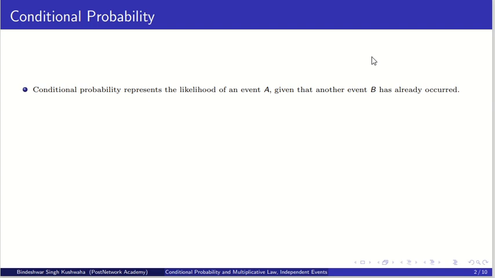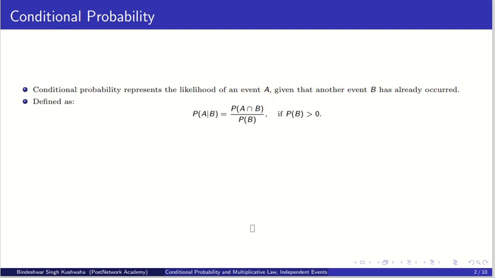So let us understand conditional probability. Conditional probability represents the likelihood of an event A given that, and this term is very important, given that another event B has already occurred. How will you represent it?